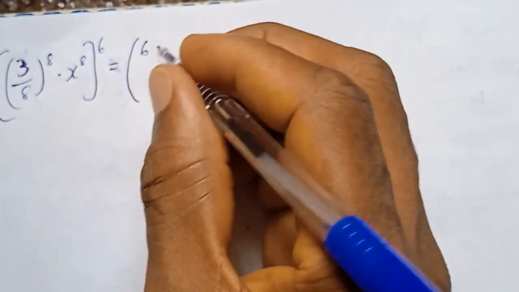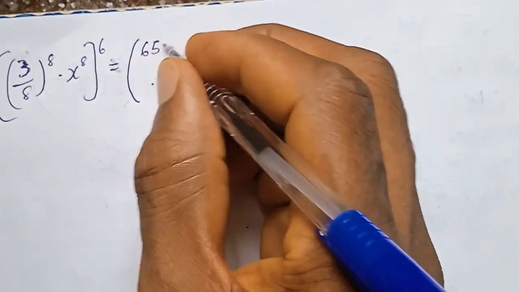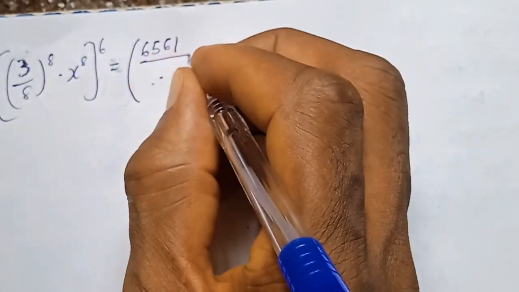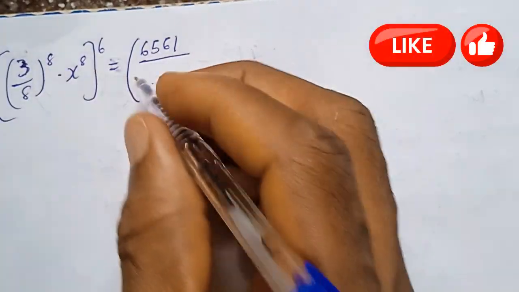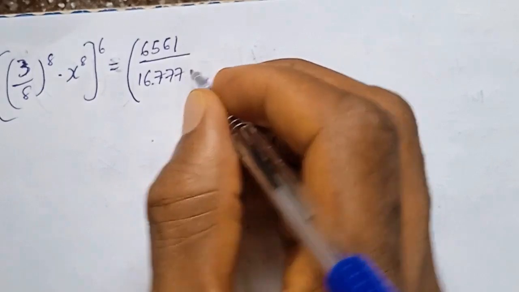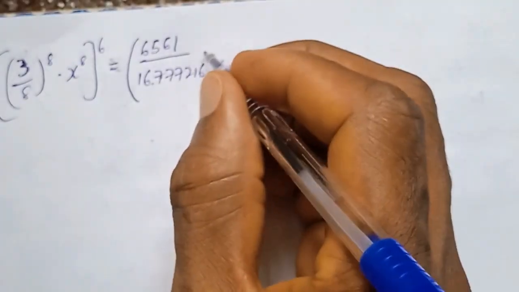So we have 3 to the power 8, 6,561, then over 8 raised to power 8, which gives us 16,777,216.